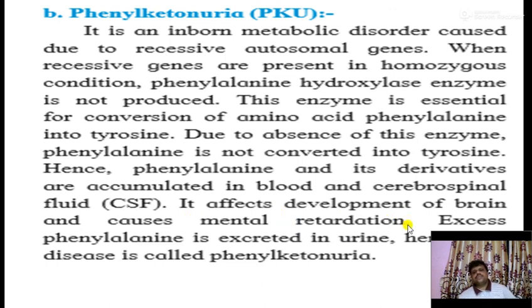The excess phenylalanine is excreted in the urine as an excretory product, and that's why it is called phenylketonuria. Okay, so this is simply regarding the autosomal inheritance, that is phenylketonuria.